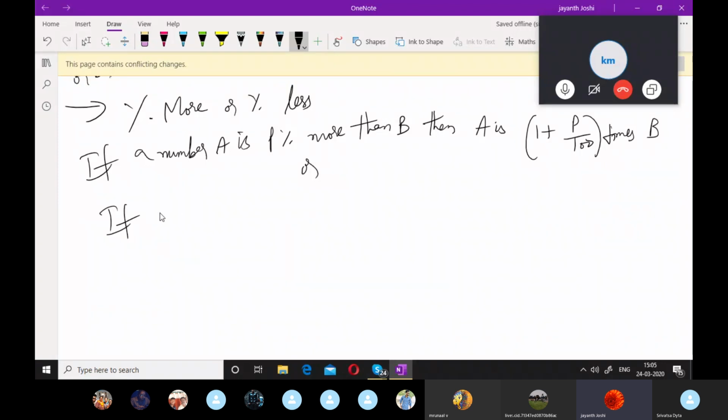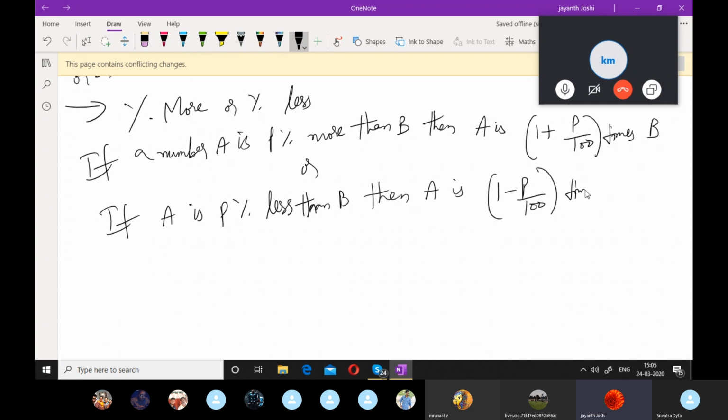If A is P% less than B, then A is (1 minus P by 100) times B. Right now.